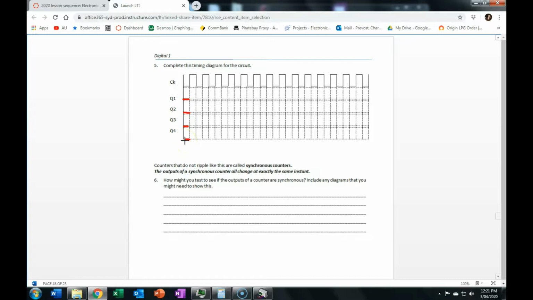After the first clock pulse, this first one changed. Remember, it only changes on this positive going edge. It will not change on this one, so it stays there until the next positive going edge, then it changes. Just like we had before with the two-stage counter, you can see this kind of behaviour. I'm lining up these transitions on Q1 with the positive going edge of our clock.